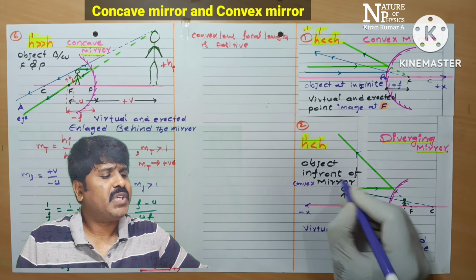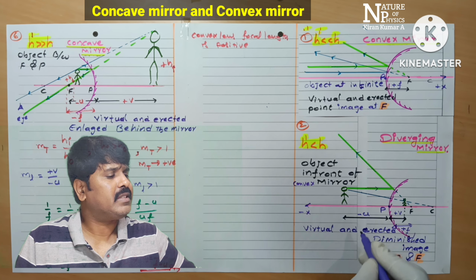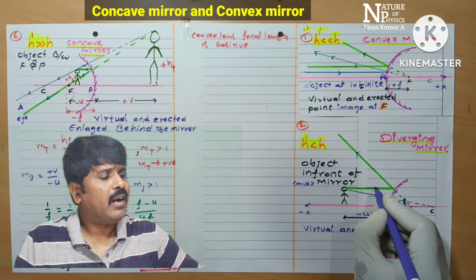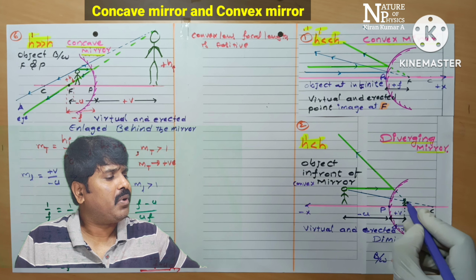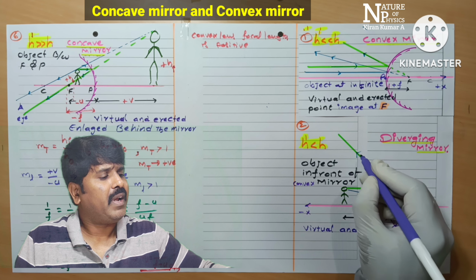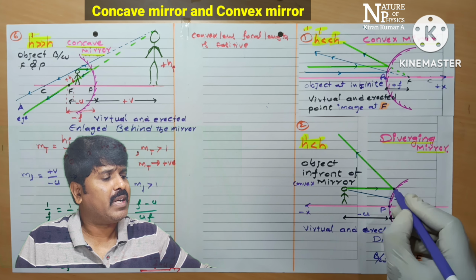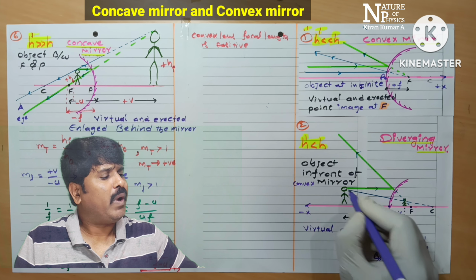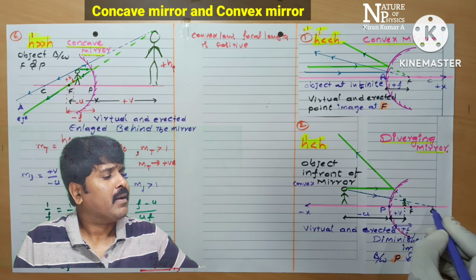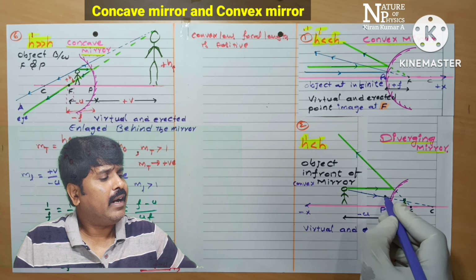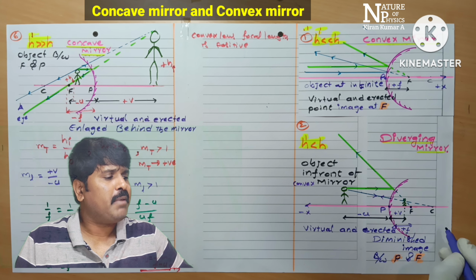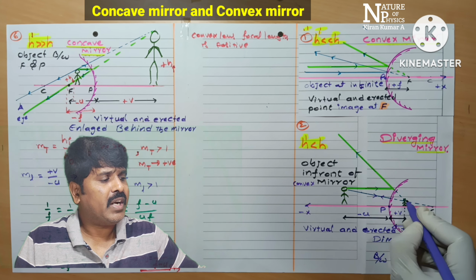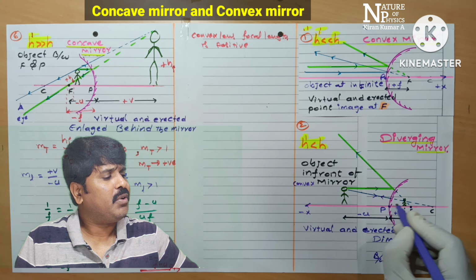The object is in front of the convex mirror, so the parallel ray is directed toward the principal focus, student, and the reflected ray, extended, coincides at the point f. The next ray passes toward the center of curvature and gets reflected along the same path, and both rays extended coincide at a point that gives the image.